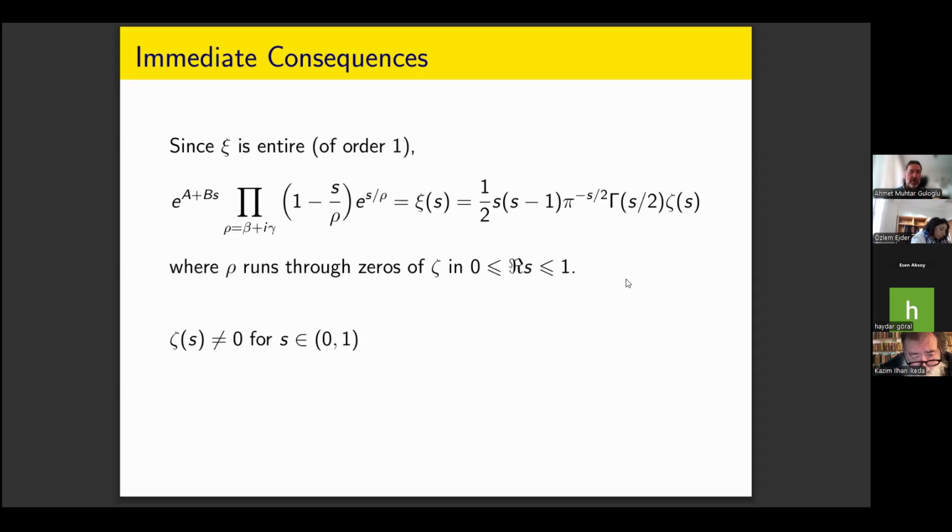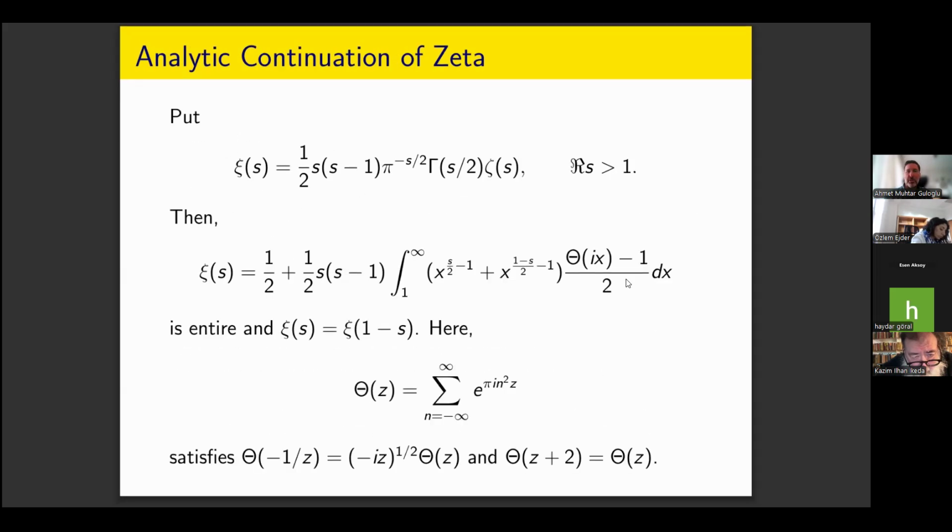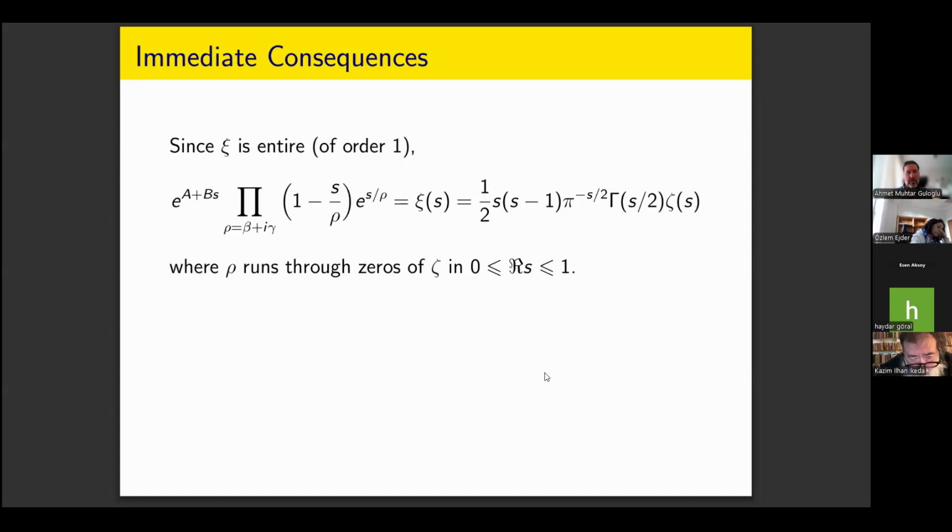And furthermore, you can get one more piece of information if you carefully look at this integral representation by bounding the theta function here. Trivially, you can show easily that zeta, in fact, is not zero. So we were talking about the non-vanishing of L functions. This is definitely not zero on this entire part, sigma equals zero.